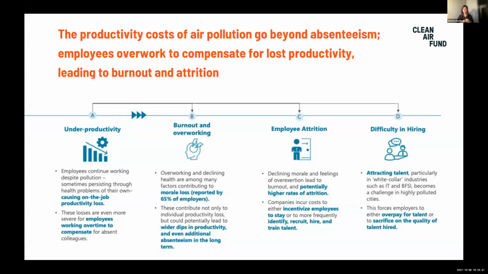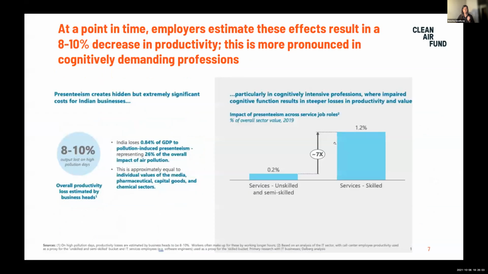Employers were also having a harder time hiring good talent, particularly in cities with high pollution, and in industries like IT, where companies were actually losing talent to less polluted cities.